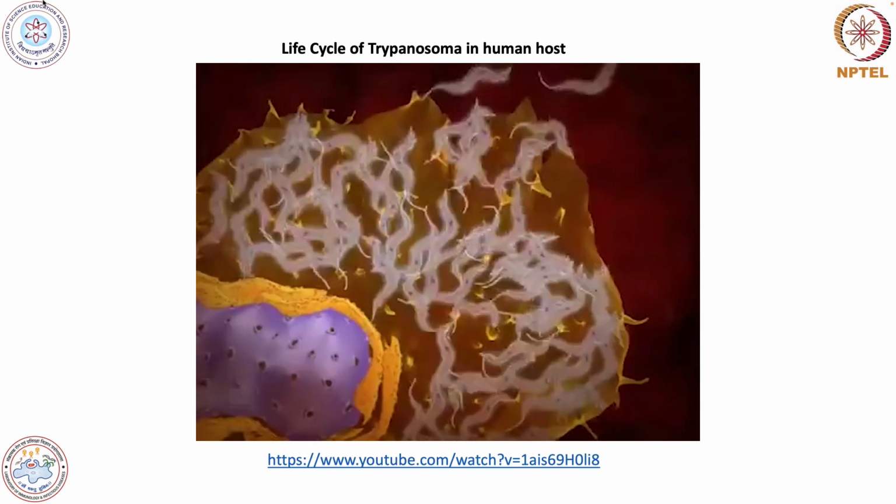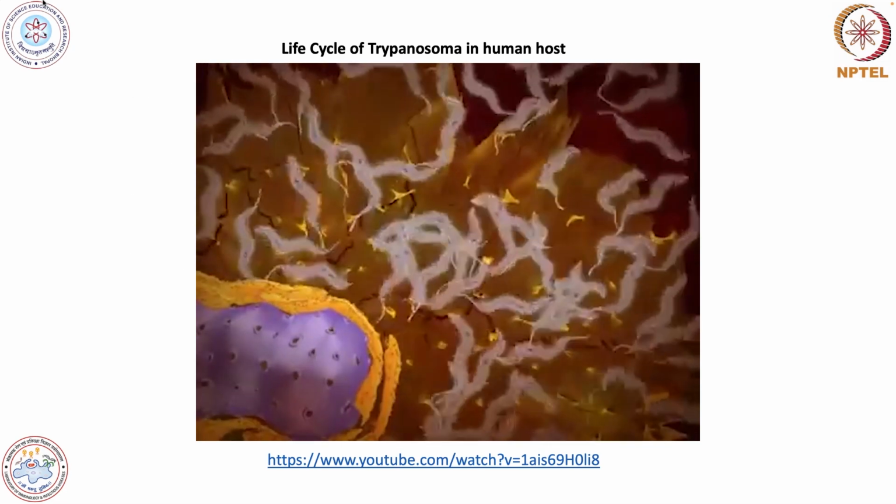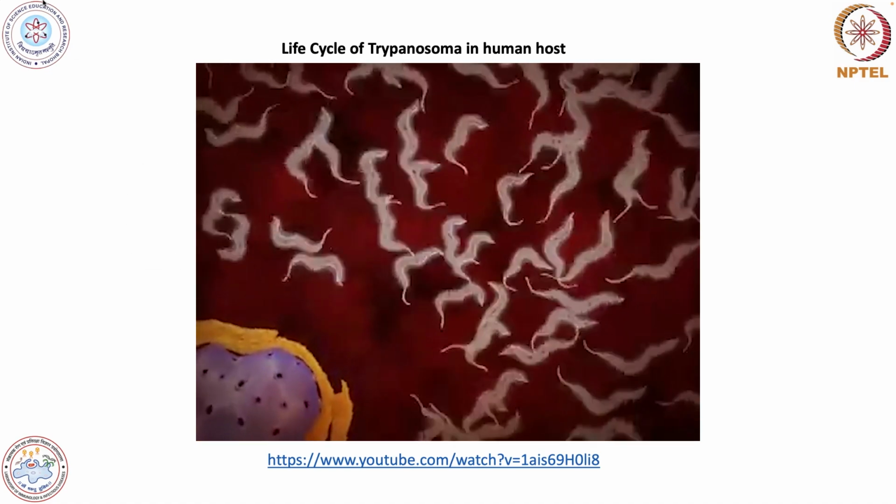The trypomastigotes reach the extracellular space and, subsequently, the bloodstream. The parasites will now infect new cells.